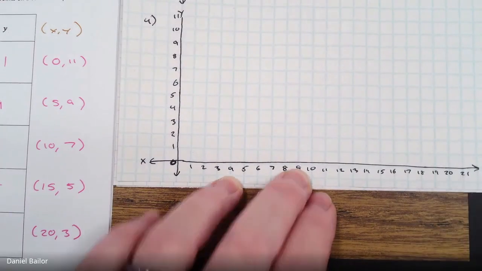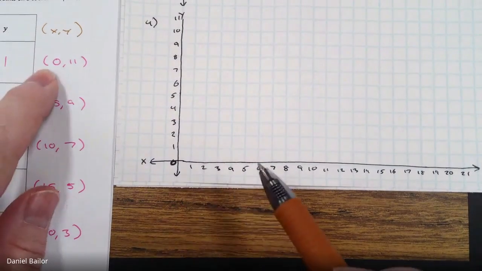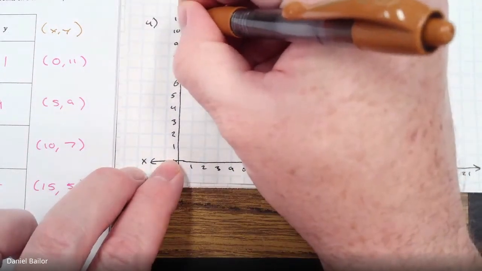Oh, I went to 21. That's fine. So there we go. There's my x-axis. There's my y-axis. Now I'm ready to put my points on here. So x equals 0, y equals 11. So 0 on the x, 11 on the y means it's going to be right up here.